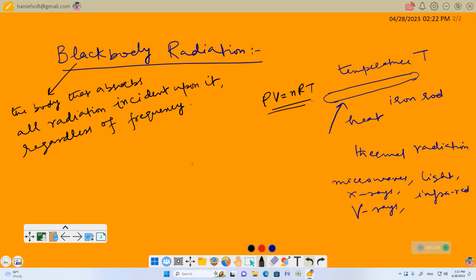What we do is create a cavity, and we create a hole leading into the cavity. For example, let me draw this.